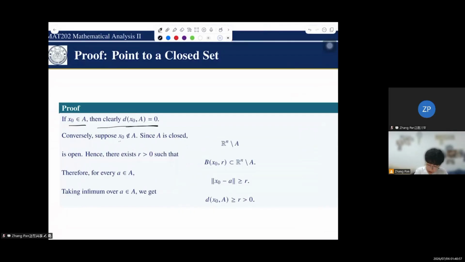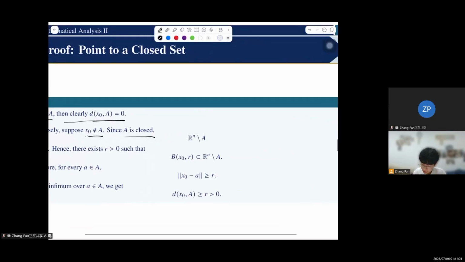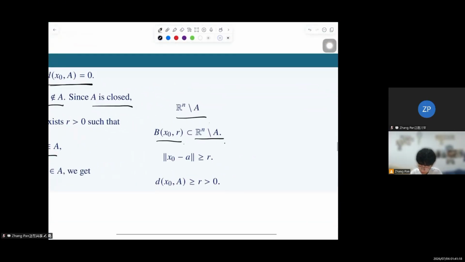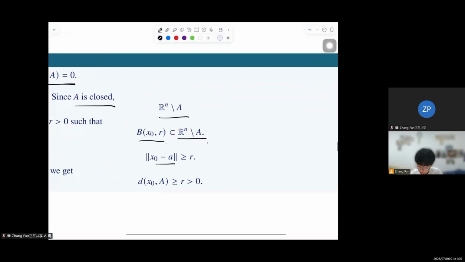Suppose x0 is not in A. Since A is closed, its complement is open. By the definition of an open set, there must exist an open ball B(x0, R) in this open set. Then for every point a in A, the distance from x0 to a is larger than R. So the greatest lower bound is at least R, and R is larger than 0. So the distance between x0 and A is larger than 0, not 0.